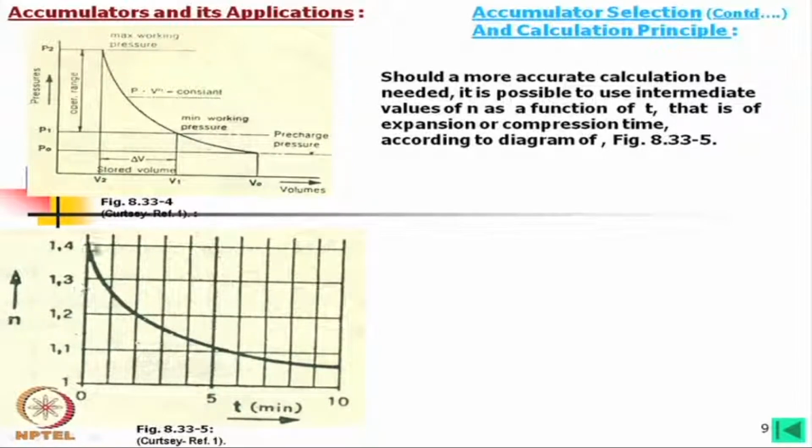Obviously, this curve may be different for different gases we use in the system, and only if it is a very quick process do we call it adiabatic and take the value 1.4.